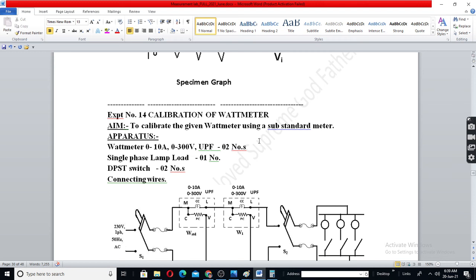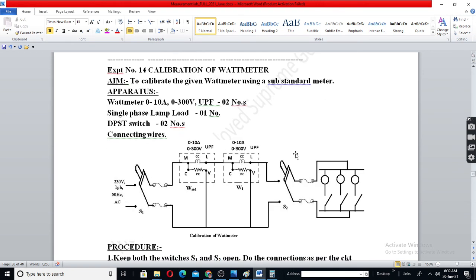Next, calibration of a wattmeter. Same thing. Here we are applying load like in the ammeter, so both the wattmeters are in series. Current coils are in series, potential coils are in parallel. Usually when wattmeters are used, voltages will be fixed, hence we don't use a variac here.